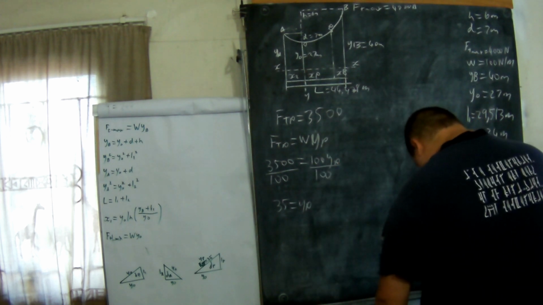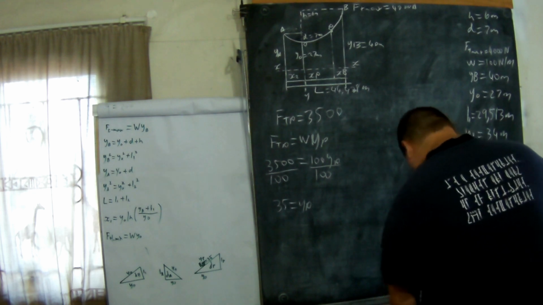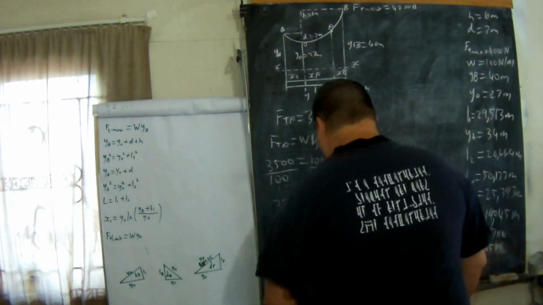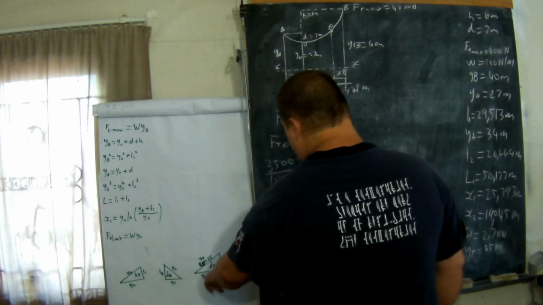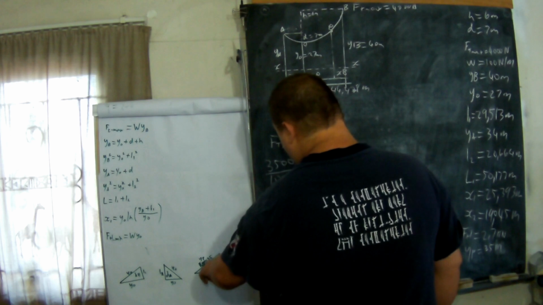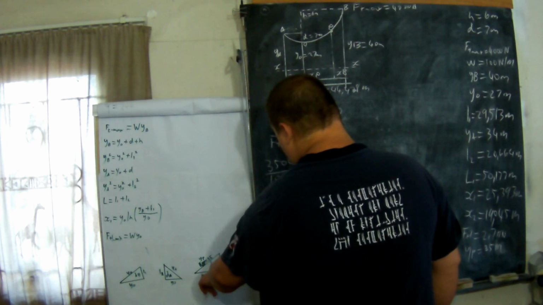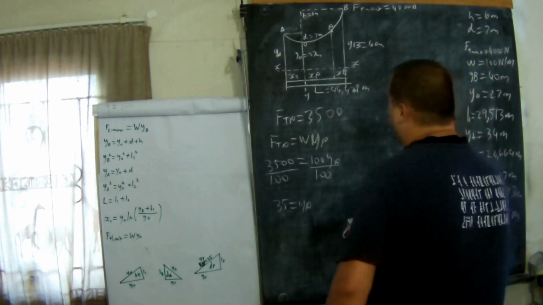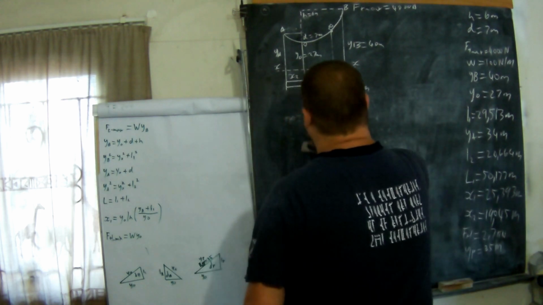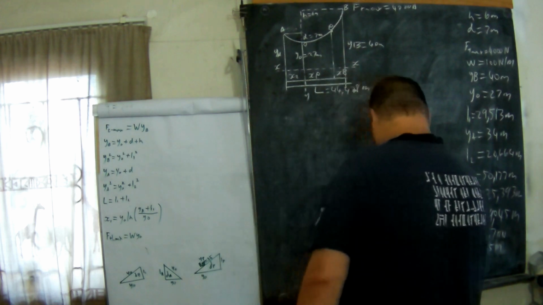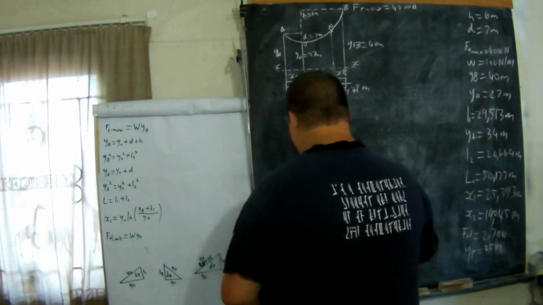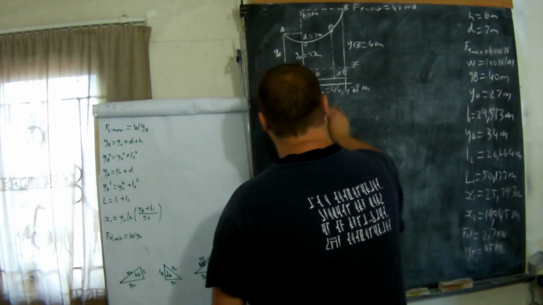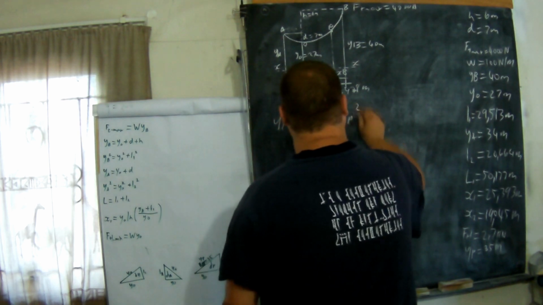Okay. Now from our triangular forces, we have YP squared is equal to YO squared plus LP squared.